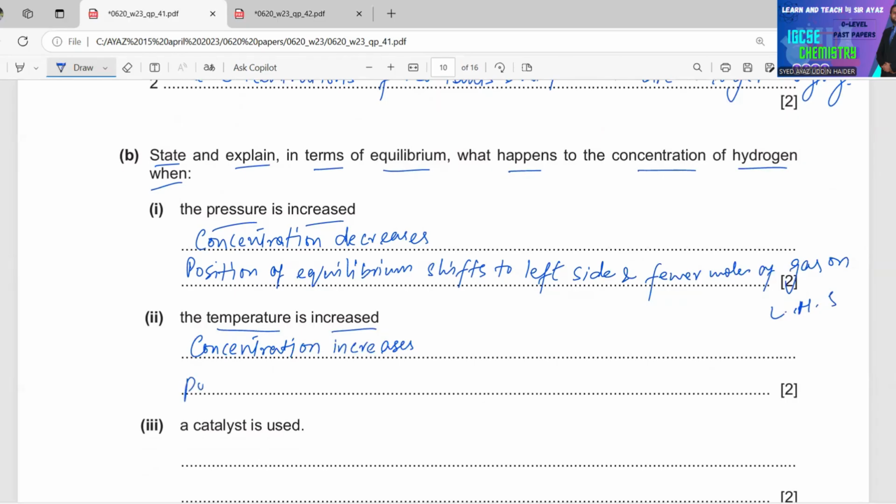So next you write position of equilibrium shifts to right side, and forward reaction is endothermic.